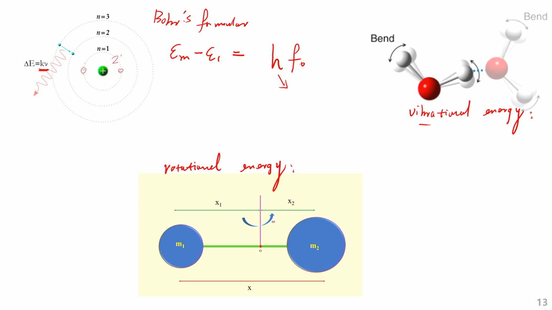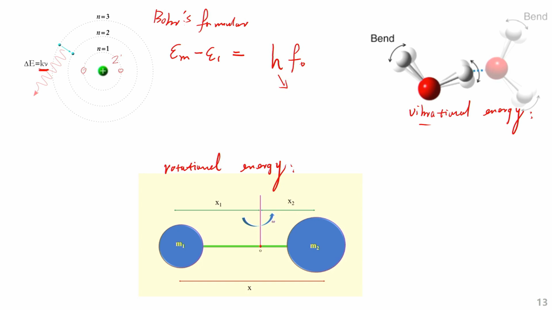So molecules are not static, right? Even for a solid object, the molecules are not static. They vibrate and rotate. For the vibration, the atoms oscillate around their equilibrium positions, and these vibrational modes correspond to specific frequencies, like the electronic energy.